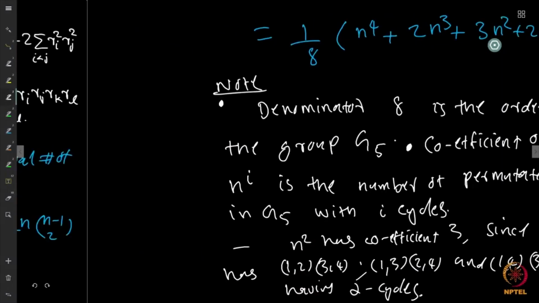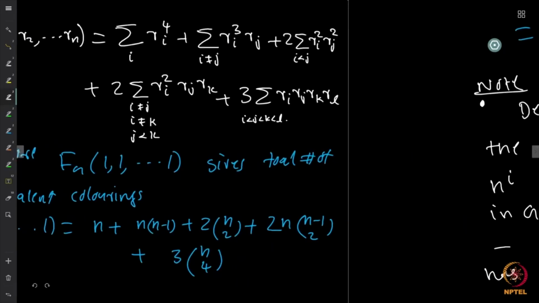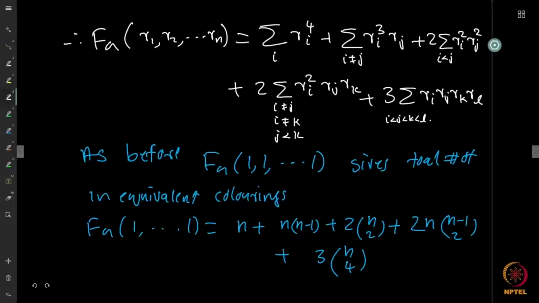And what is this actually? This is the more interesting part. This F_G(1,1,1,1) is actually equal to 1/8 times (n to the 4 plus 2n cubed plus 3n squared plus 2n).